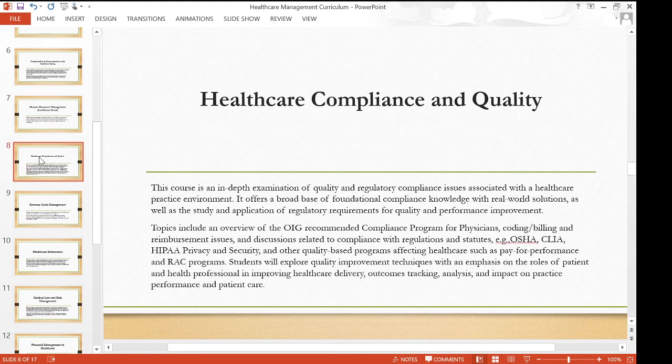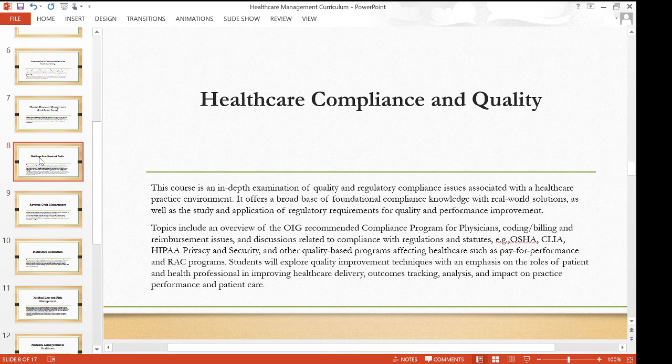Okay, the next subject we will focus on is healthcare compliance and quality. This course is an in-depth examination of quality and regulatory compliance issues associated with a healthcare practice environment.